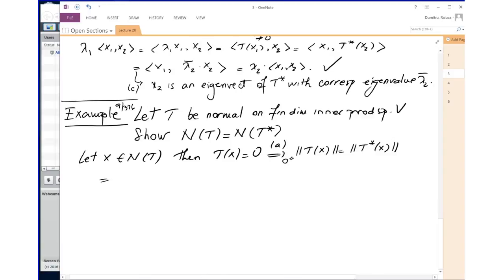That's only possible when T star of X is 0. So X is in the null space of T star. And that could very well go backwards, right? With an if and only if kind of thing. If X is in the null space of T star, then T star of X is 0. Then the identity still holds, so they are both 0. So T of X is 0. So X is in the null space. So it all goes with if and only if here.